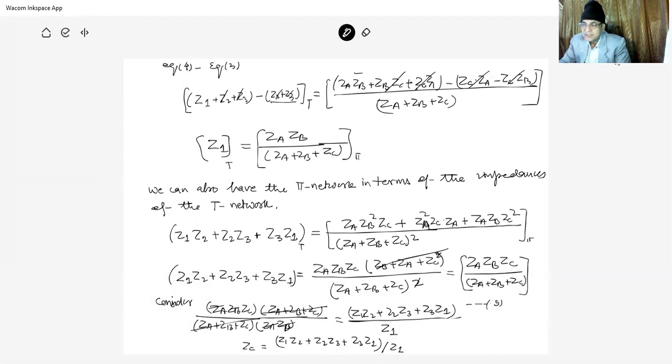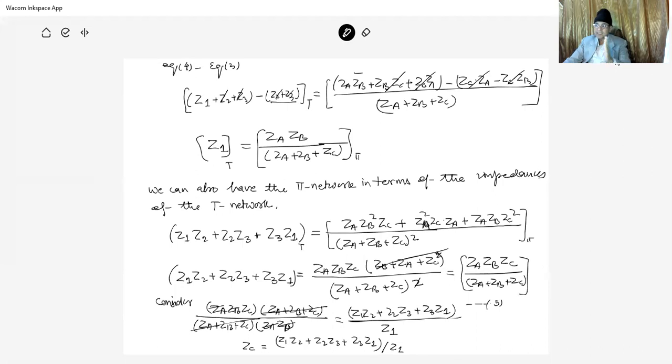So Z2 cancels with minus Z2, Z3, and Z1 is equal to this part. So we find the individual Z1, Z2, and Z3 expressions in terms of ZA, ZB, ZC. What does it mean?